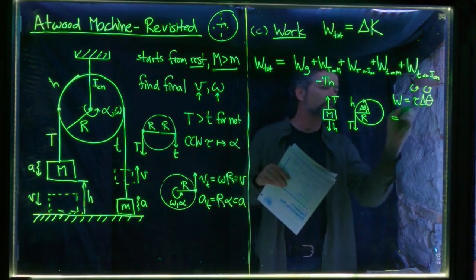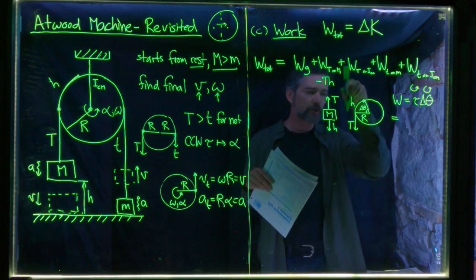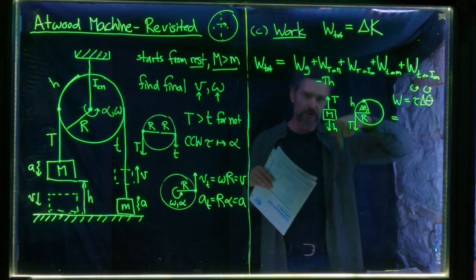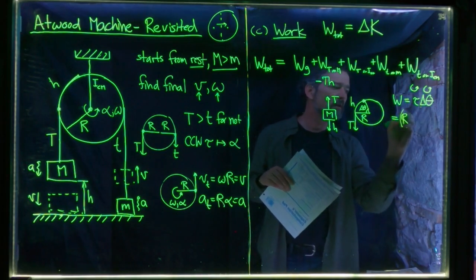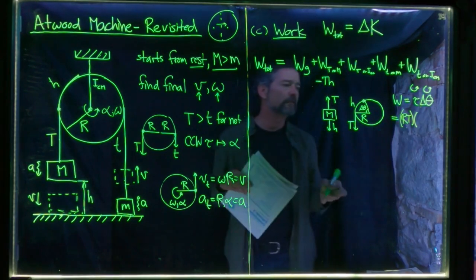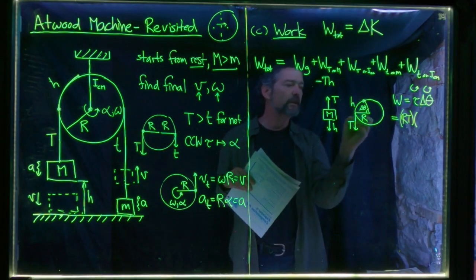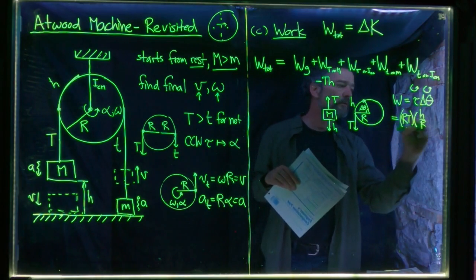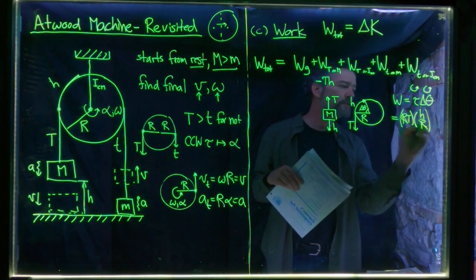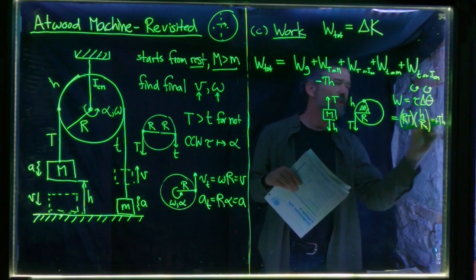The magnitude of the torque is the moment arm r times the perpendicular force T, r cross F. So r times T, and then delta theta, we know that h is equal to r times delta theta, so delta theta is h divided by r. And so the two r's cancel out, and we have positive capital T times h.